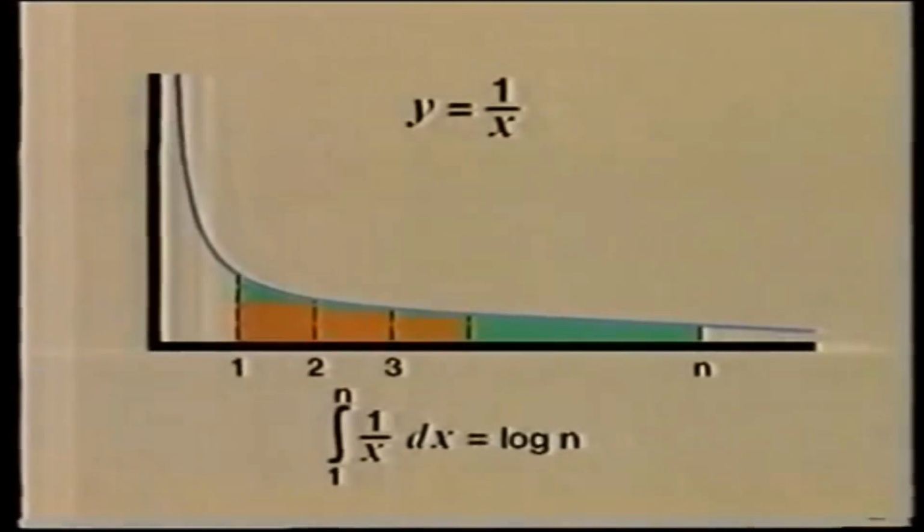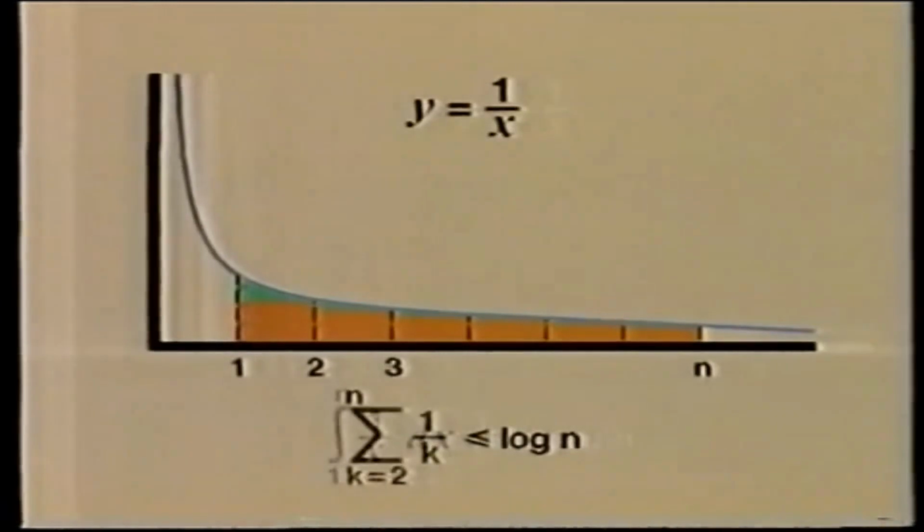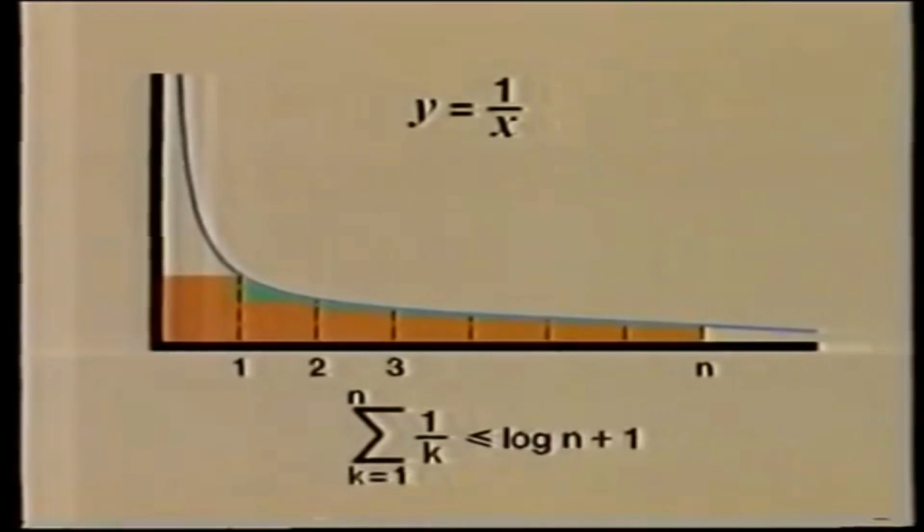Because the rectangles have width 1, the lower sum is a half plus a third and so on up to 1 over n. So sigma 1 over k from 2 to n is less than log n. Again, adding in 1 for the first term of the series, sigma 1 over k from 1 to n is less than 1 plus log n.